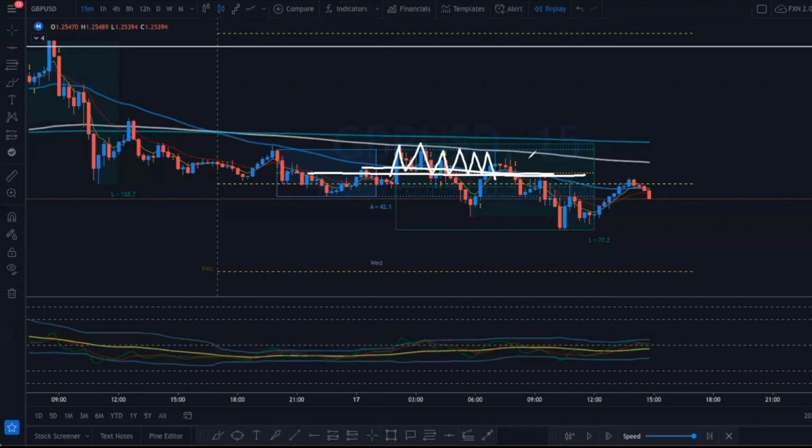Can you tell where you are? Can you locate the closest peak formation, high or low? How far away are you from that? If you're pretty close to that, then obviously you want to go with that. If you're coming off of a peak formation high here, then you want to go with a sell.